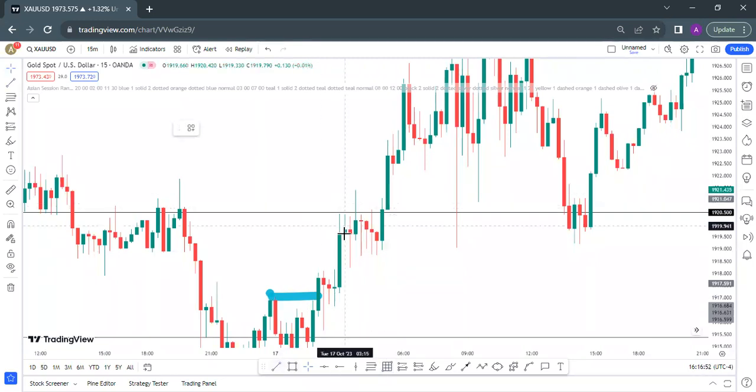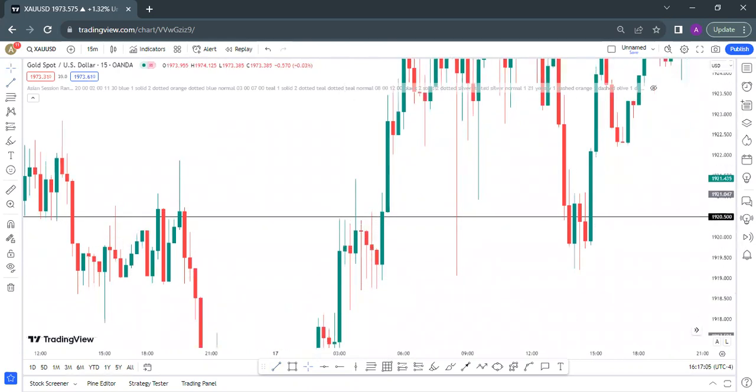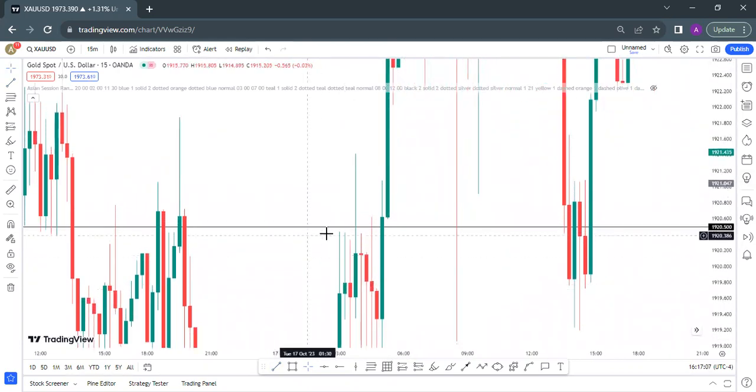So we said that this is the high of this main candle and this is its low. Now, if you watch here, maybe let me increase it so that I see. You see the high here, the second green candle, which is this one, didn't break the high. It is just below the tip, okay?